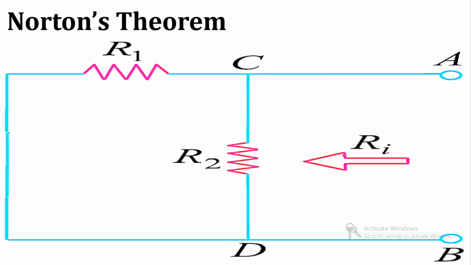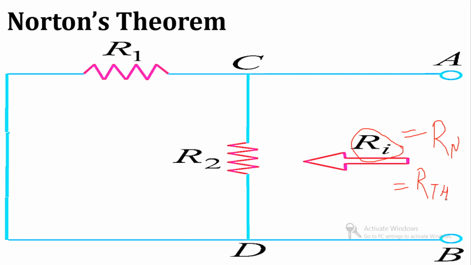After finding this Norton's current, we have to find the equivalent resistance across terminal AB. This equivalent resistance is known as Norton's resistance, and this is the same as Thevenin's resistance. Clear? As Norton's and Thevenin's are alternatives of each other, there will be only one change.